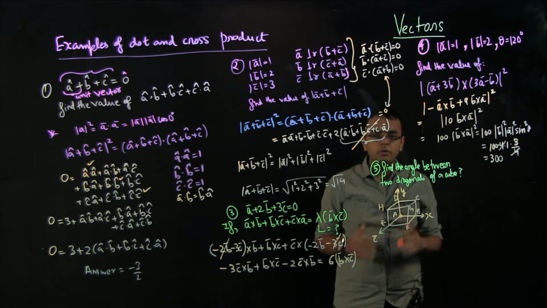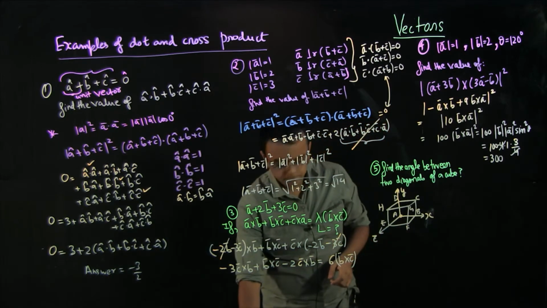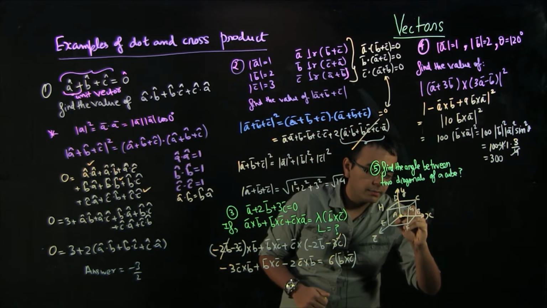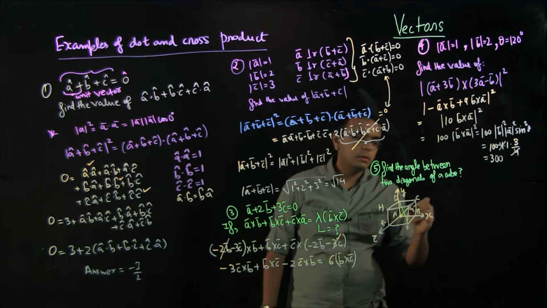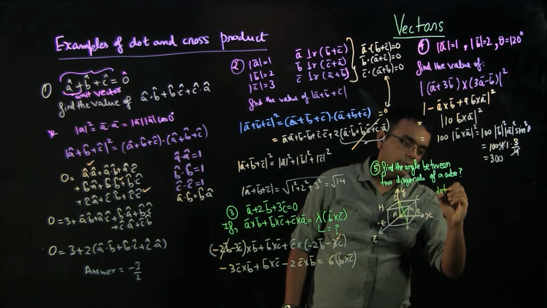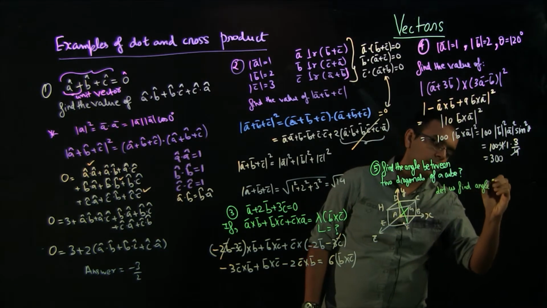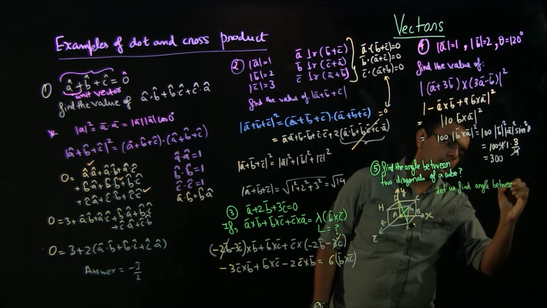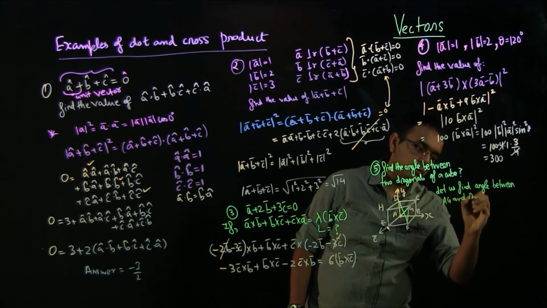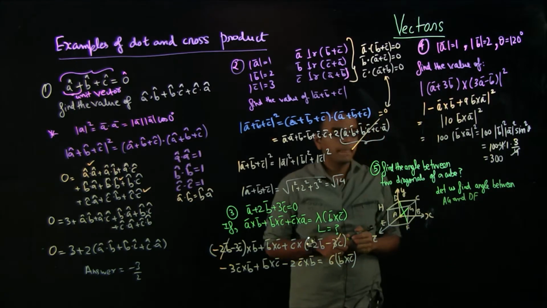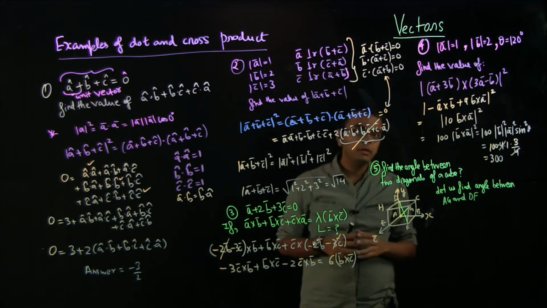So how will we be able to find the angle between two diagonals?